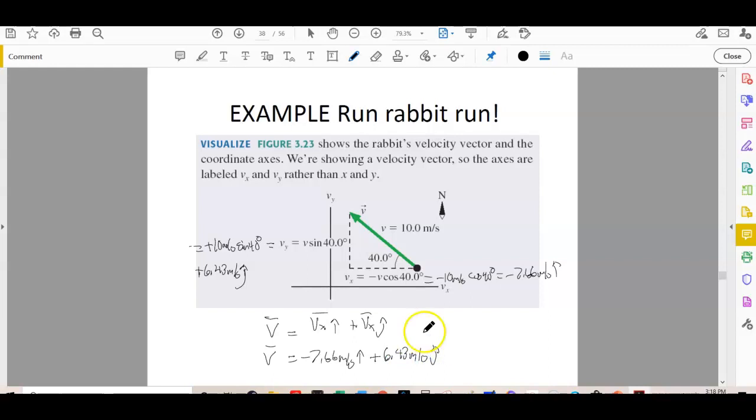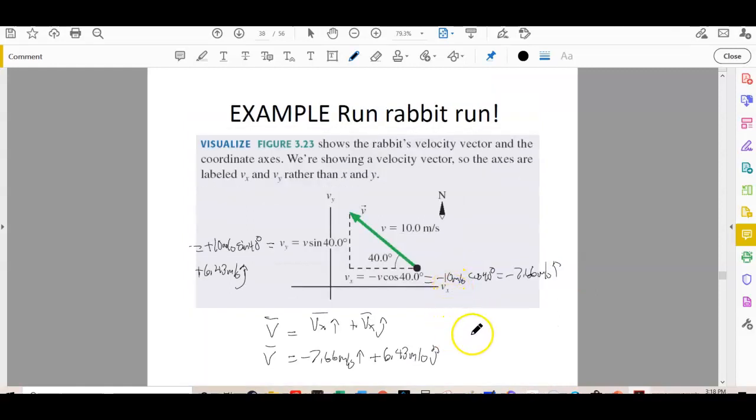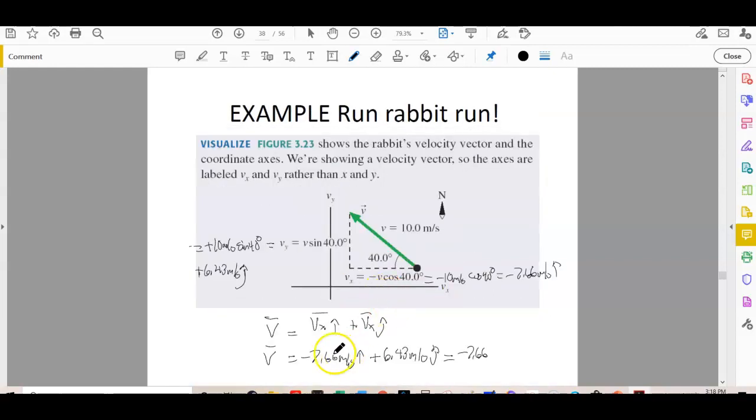Okay. So hopefully we've got this right. And if we look down here, yep. One thing I didn't mention, you can actually pull out the units. To simplify it a little bit more, they just have it written here. You could pull out the units, right? We had 7.66 meters per second in that.